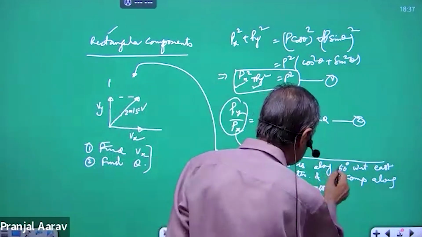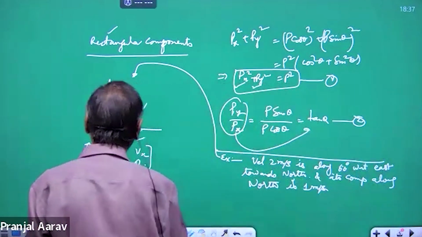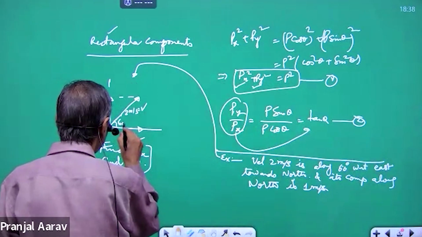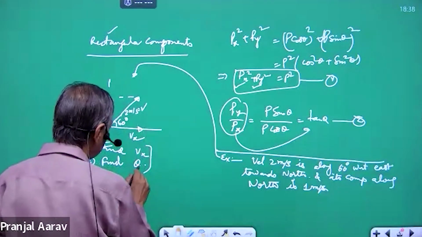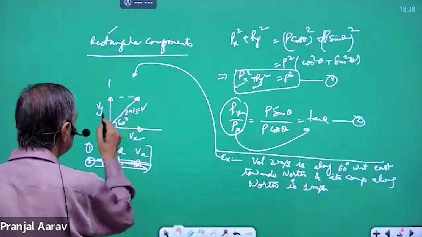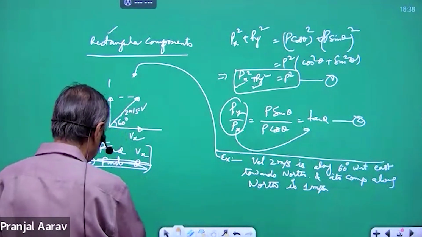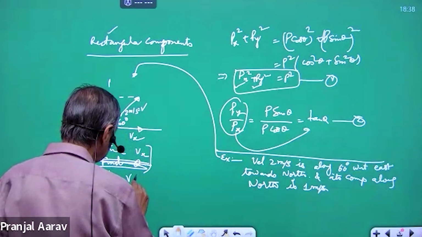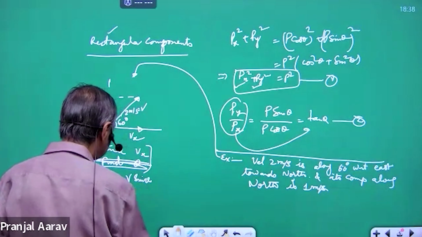Velocity 2 meter per second is along 60 degree with respect to east. So this is 60 degree. I have already done this. Theta I have done. This is 2 meter per second. What is Vy? Vy is equal to V sine theta.